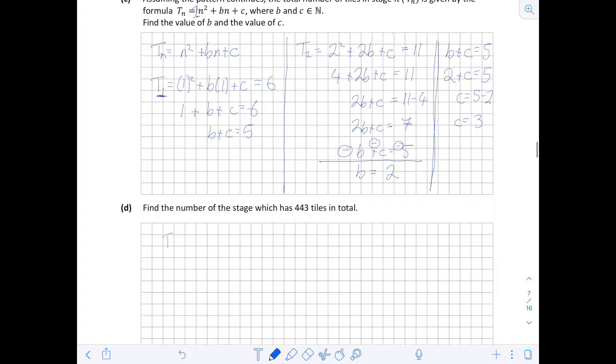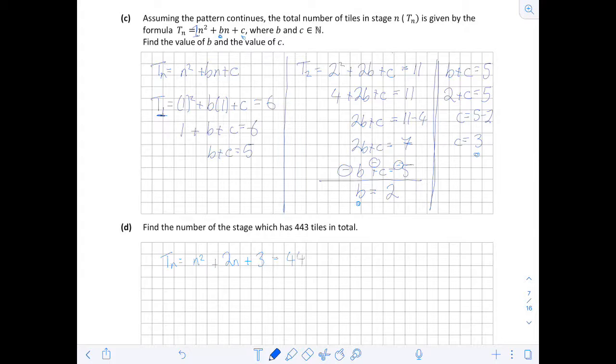So we now know that Tn is equal to n squared plus 2n plus 3, because b is equal to 2, and because c is equal to 3. Sorry about that, and that's equal then to 443.